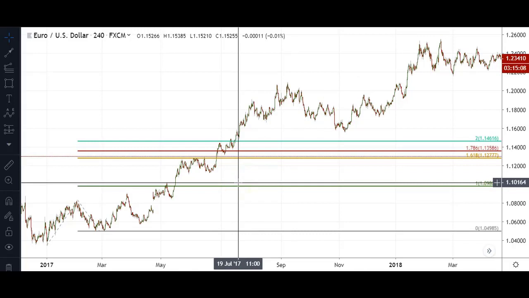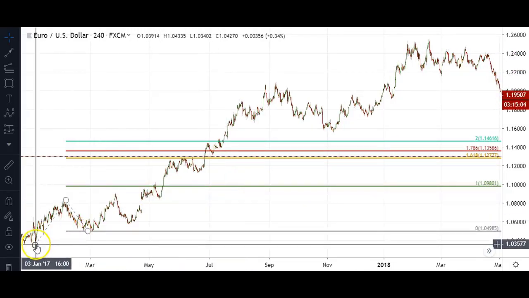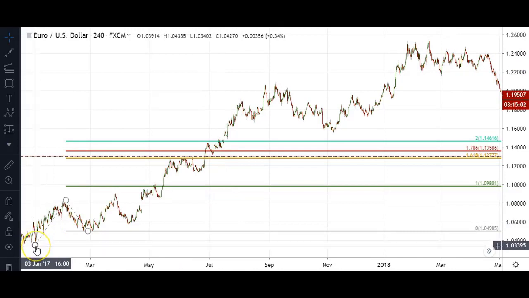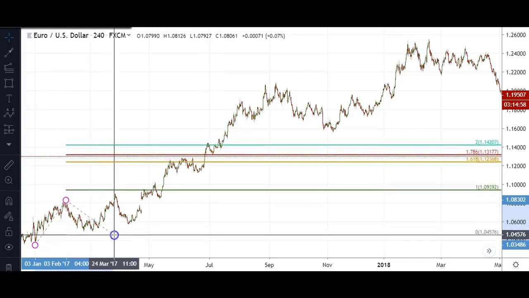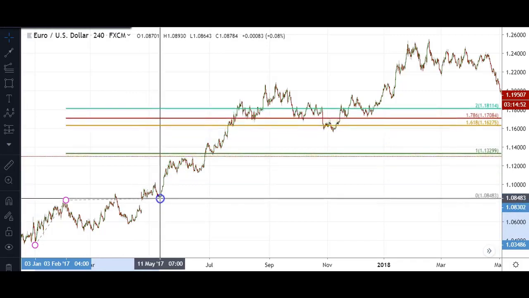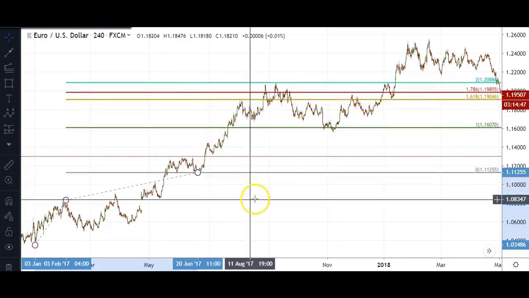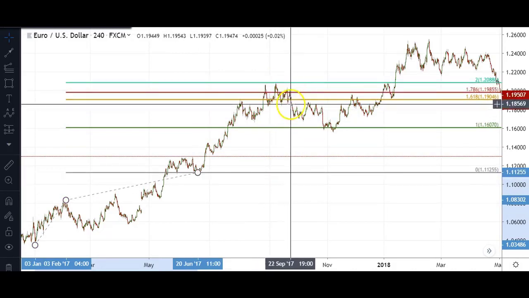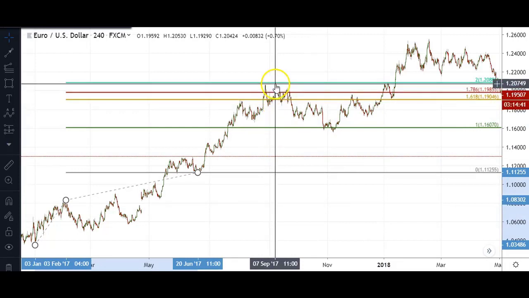And I typically would start using my Fibonacci extensions by keeping the first anchor point that we used here, this low here, to this first higher low, and then continuously walk forward my Fibonacci extensions as price moves higher. And in this case, price actually reached the 200% before one of the largest corrections of 2017 happened around the 200% extension level.